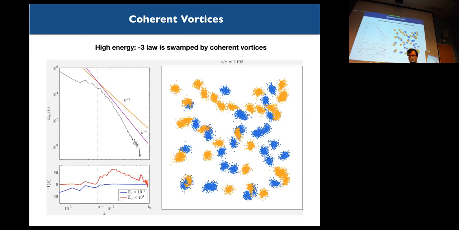Yeah, I think it's just an issue of having a large enough system. I think that's all it is. There's this problem where you have to keep driving it to sustain the cascade, and then you run into this issue where you need larger and larger scales, and then everything gets slower and slower. So it's a really challenging thing to look at numerically.